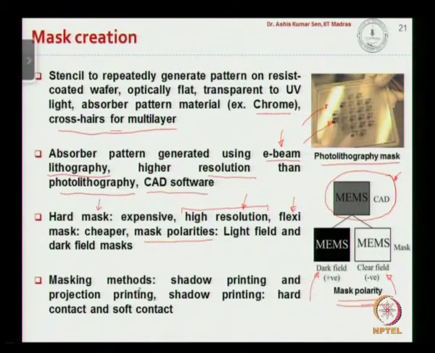Now the masking methods, once we have the mask and while we are doing the UV exposure, there are different techniques that are available. One is the shadow printing and the second one is projection printing. In shadow printing, the mask is relatively closer to the surface of the substrate, and in projection printing the mask is a little bit far away from the surface of the substrate.